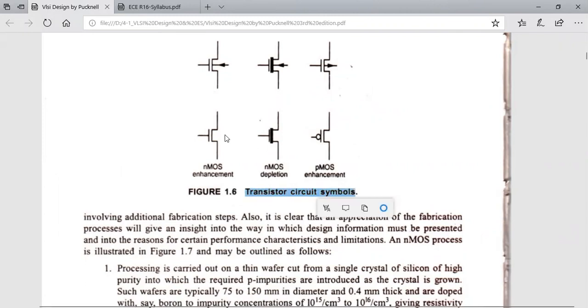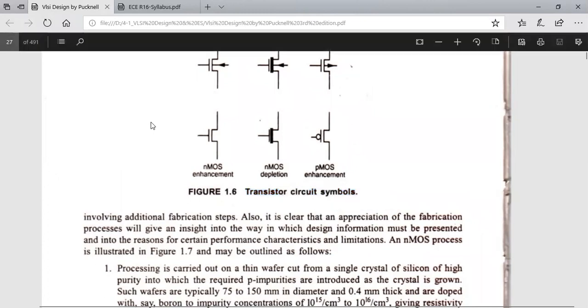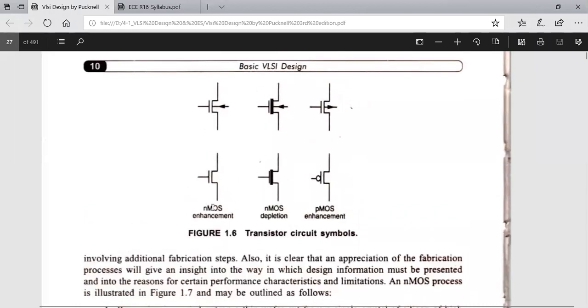When we are writing the circuits, we used to use this type of symbols for the NMOS and PMOS. You can see this is the indication of, if I want to indicate with only 3 terminals, I used to indicate like this: NMOS enhancement mode transistor. If I want to indicate the 4th terminal also, I have to indicate the arrow mark inside, right? Generally, this is the movement of current direction.